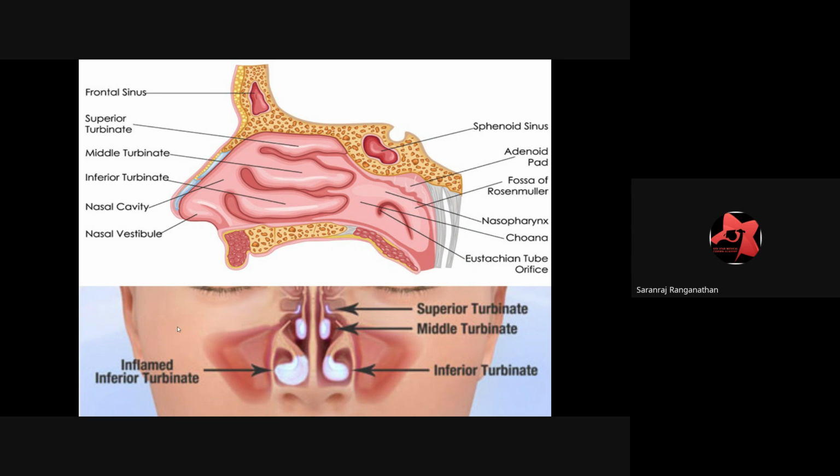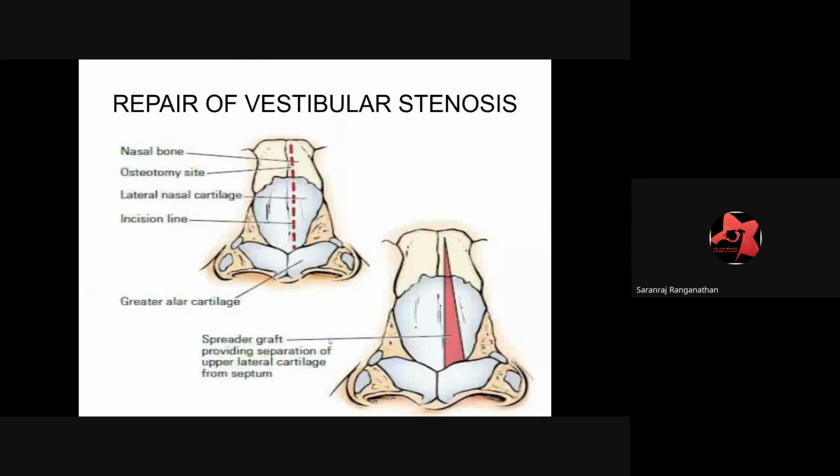Okay, so you can see the abnormality they have given happens in the nasal turbinate. If any infection happens, the nasal turbinate will get inflamed, so it will block the nose. So that is the condition.